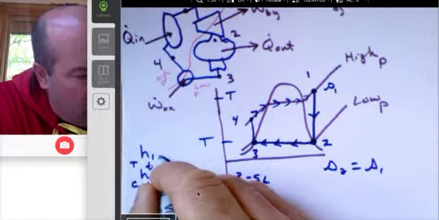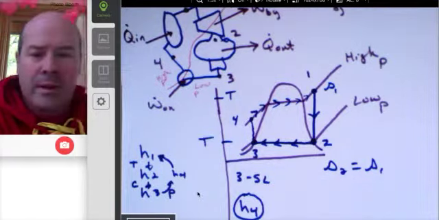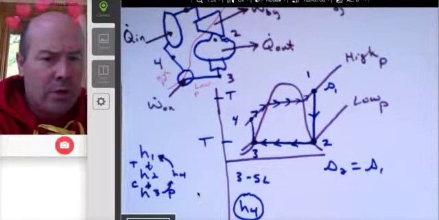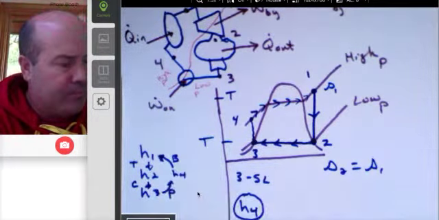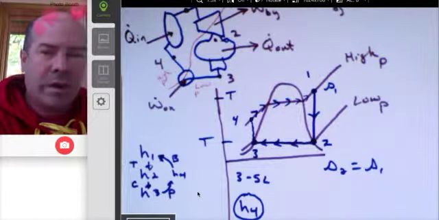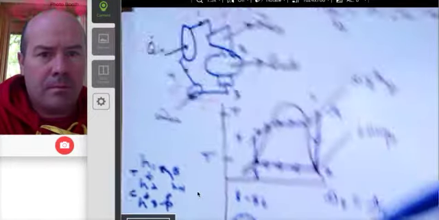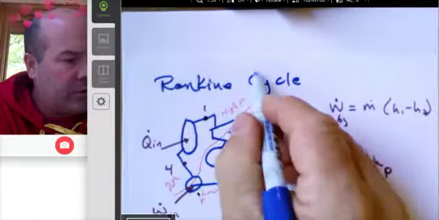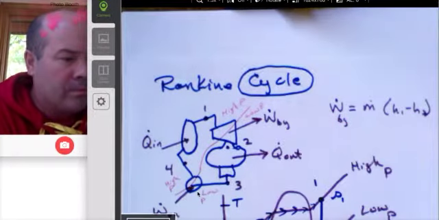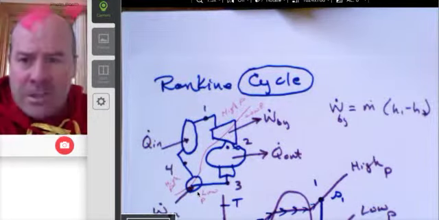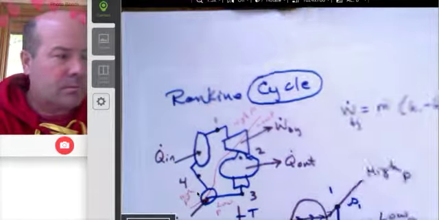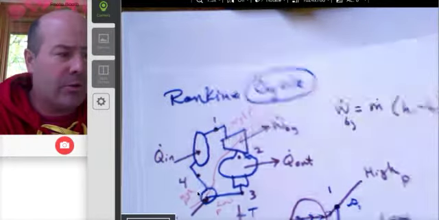So we bring the H back to H1 in the boiler. Key word here, the cycle. This means it returns the fluid to its original state.